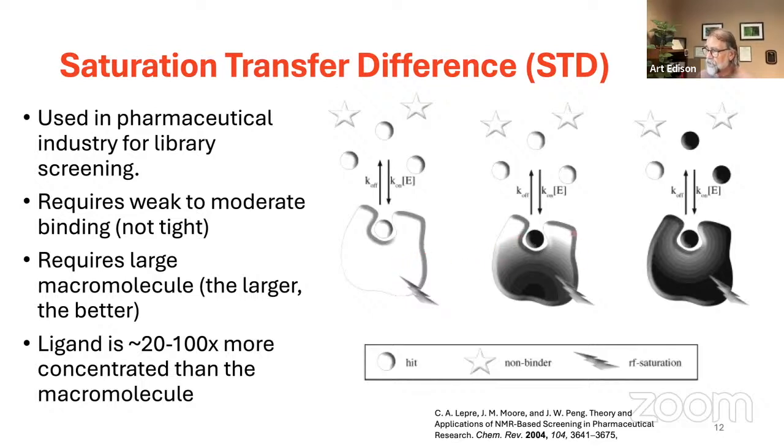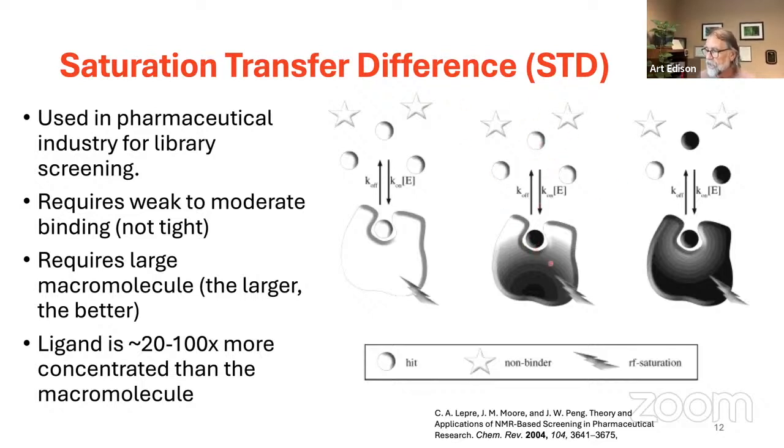So the idea is that if you saturate the protein, and when I say saturate, remember from my introduction to NMR, I talked about the two energy levels, alpha and beta, that a spin 1/2 system has in a magnetic field. Well, saturating is making those two levels equal to each other, and that's a non-equilibrium state. But you can do that by putting in RF saturation that hits the protein, but it doesn't hit the pool of ligands.